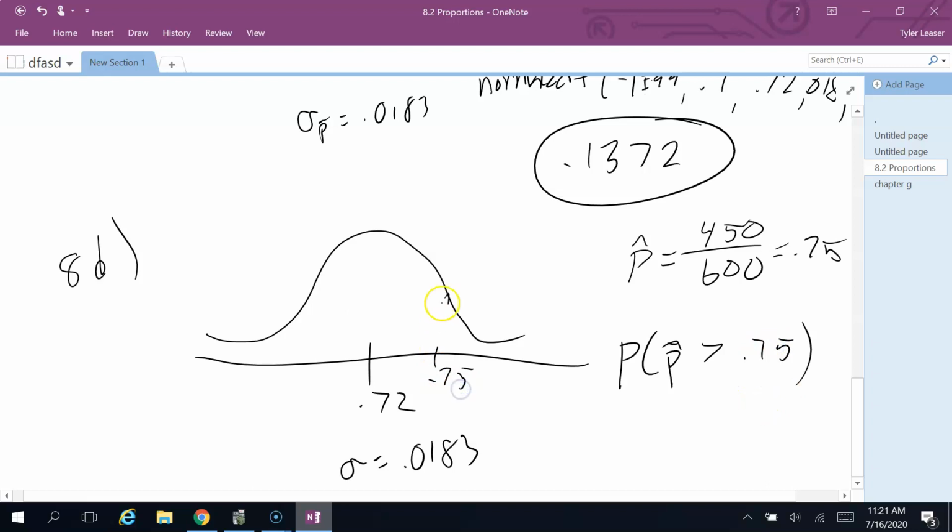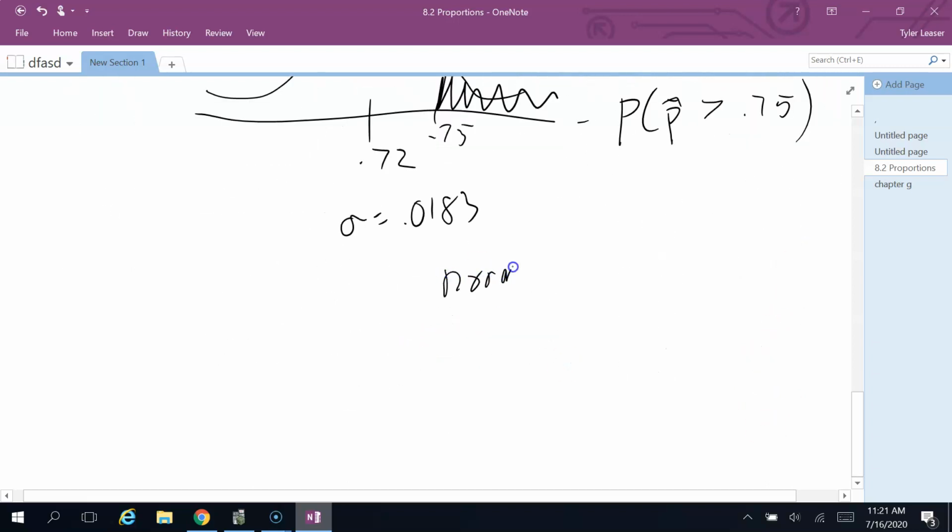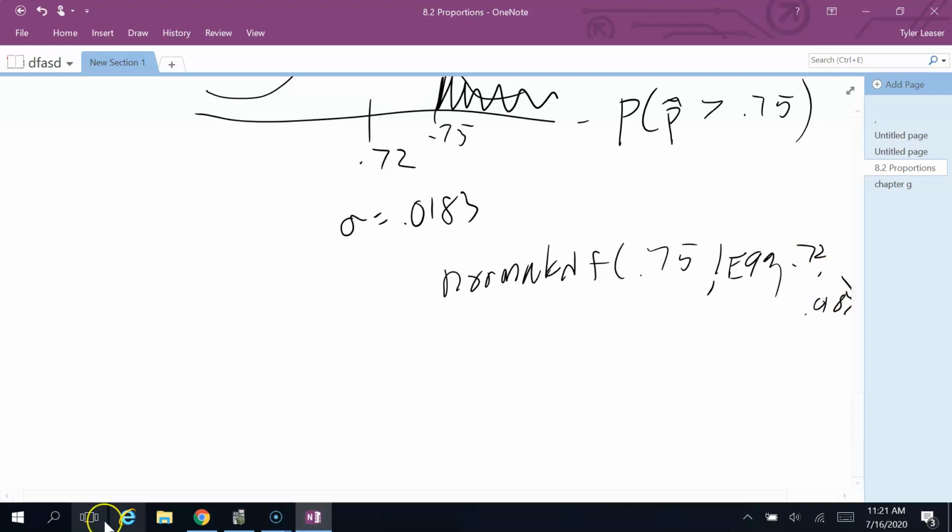0.75 is out here to the right, and we want to be more than that. So that's a normal CDF. Starting at 0.75, going up forever. The mean and the standard deviation stay the same. Sorry, I'm getting really sloppy here. So we'll type that in. Oops, hit the wrong button again.